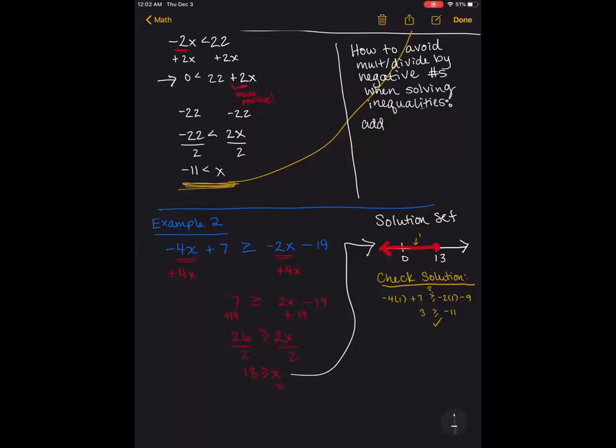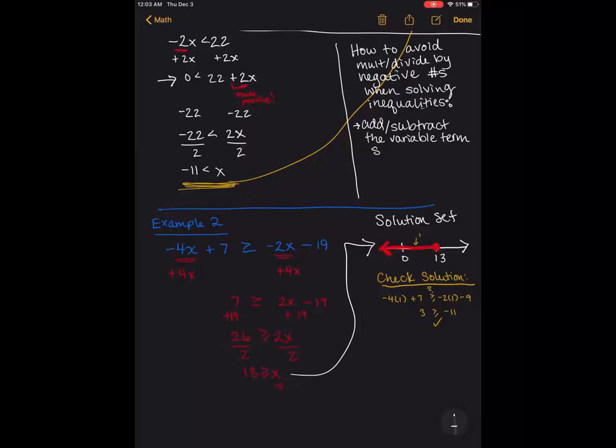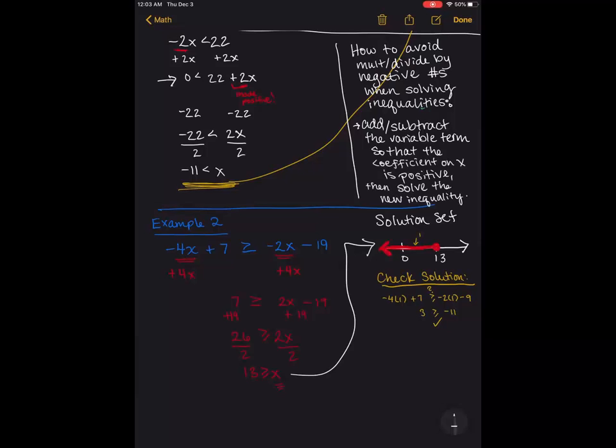All you do is you add or subtract the variable term so that the coefficient on x becomes positive. And then you solve this new inequality. And there we have it.